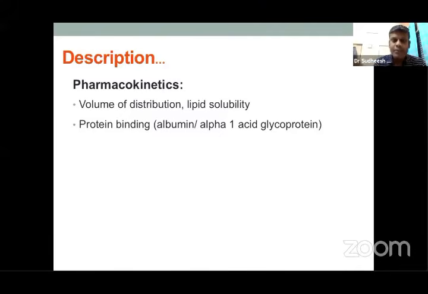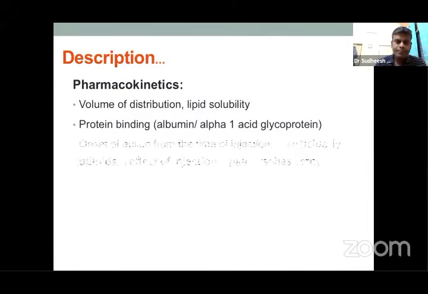So for that, you should understand the lipid solubility. When the drug is being carried in the blood, it is not only in free form, sometimes it also binds to many proteins in the blood. So we need to understand how much of the drug is bound to albumin, or sometimes alpha-1 acid glycoprotein with respect to certain drugs, and how much is in free form.